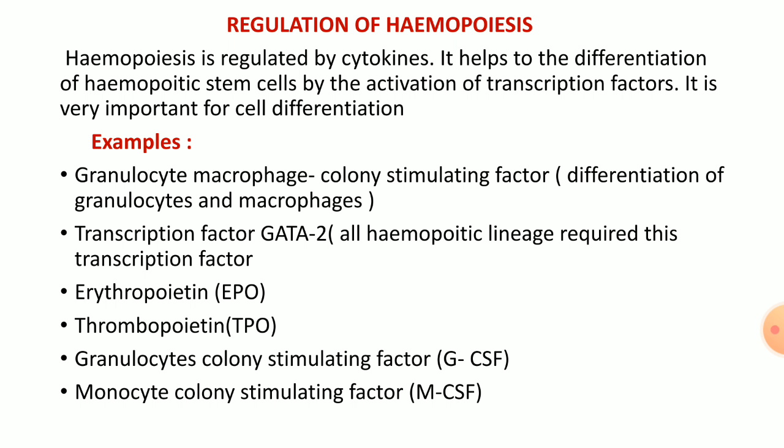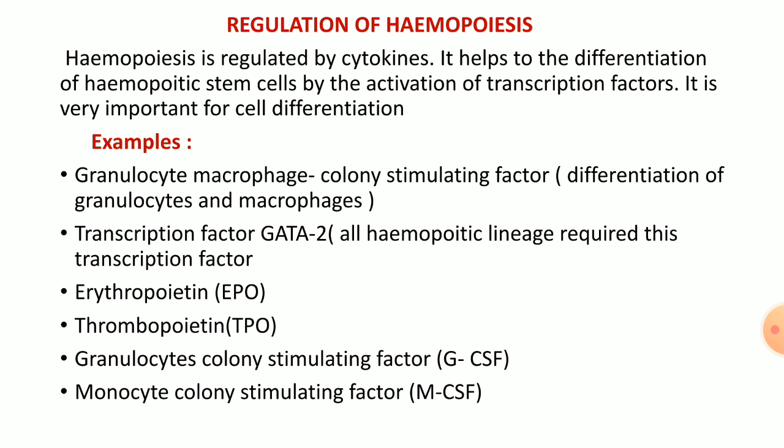Examples: Granulocyte macrophage colony stimulating factor helps in the differentiation of granulocytes and macrophages. The transcription factor GATA2 is required by all hemopoietic lineages. The next one is erythropoietin, otherwise called EPO, which helps in erythropoiesis, the process of formation of RBCs.